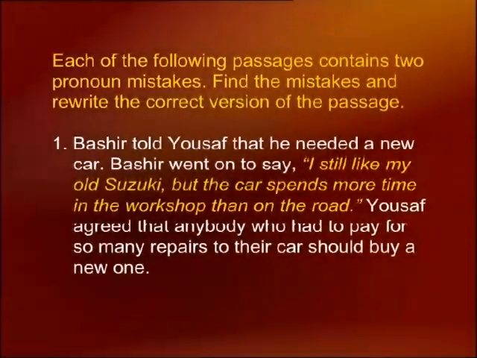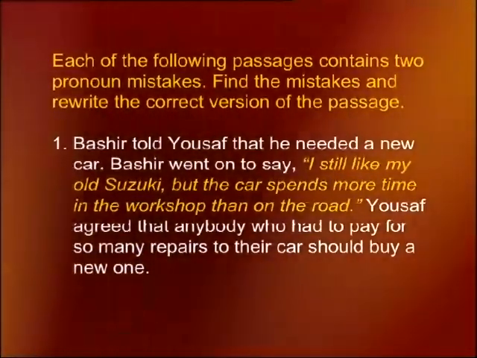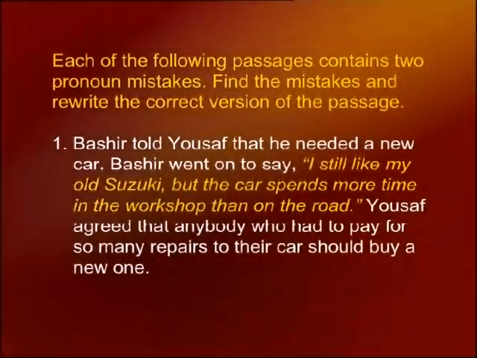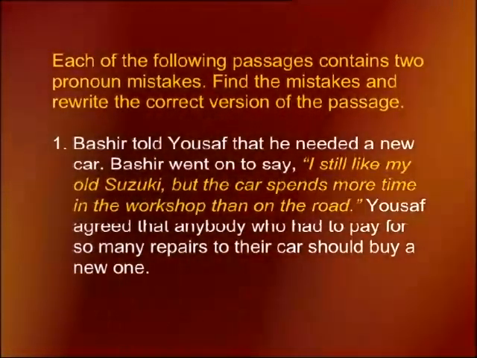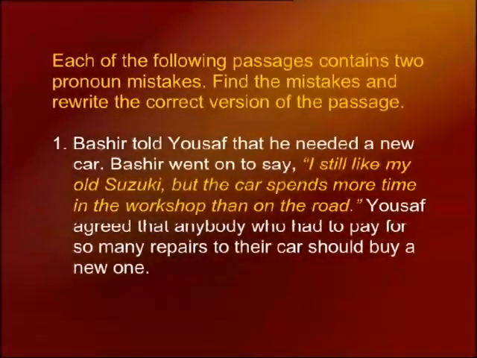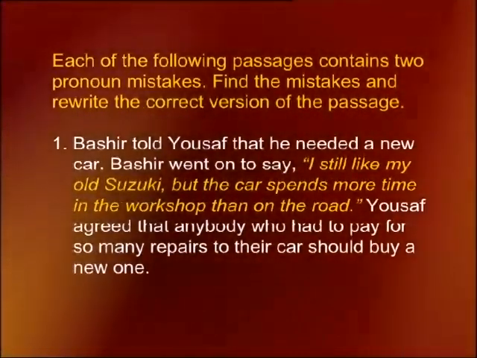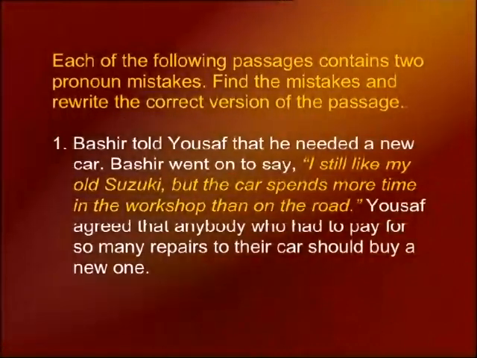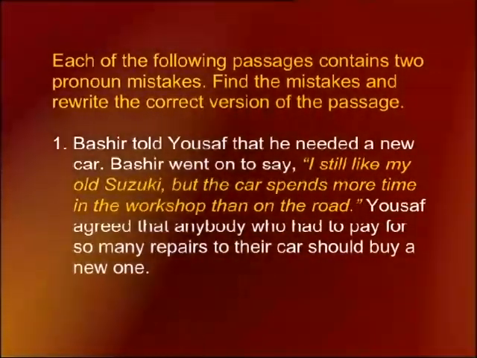The mistake in the first sentence is he. You have to clarify who is he. So you remember, you can rewrite it this way. Bashir told Yusuf, comma, open inverted commas, I need a new car. Right?